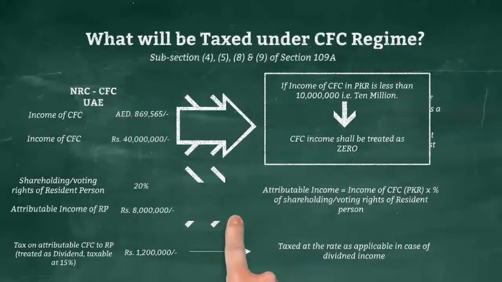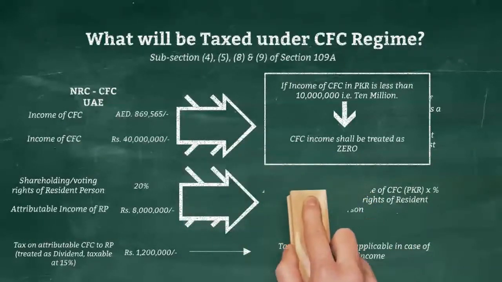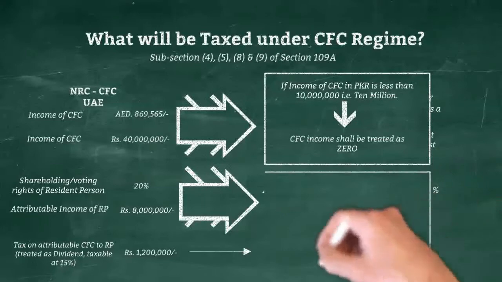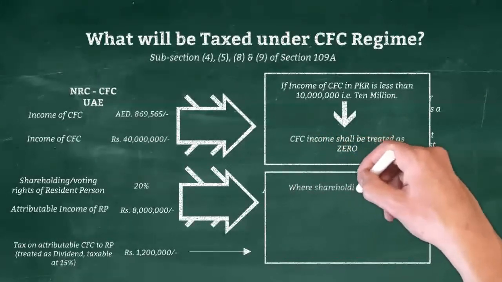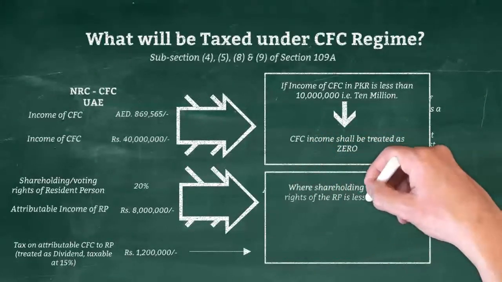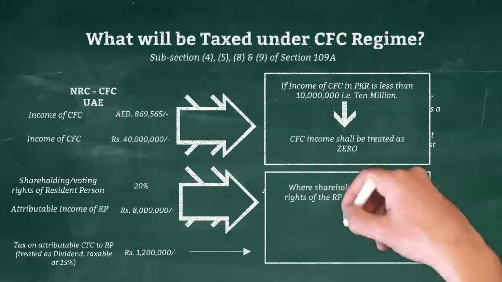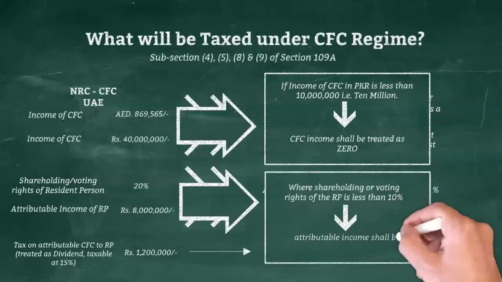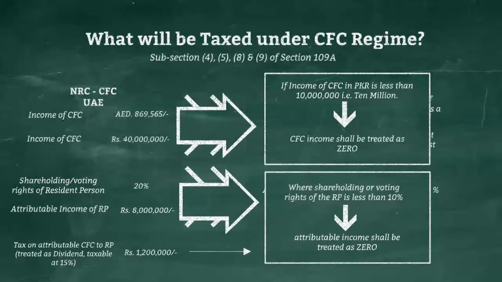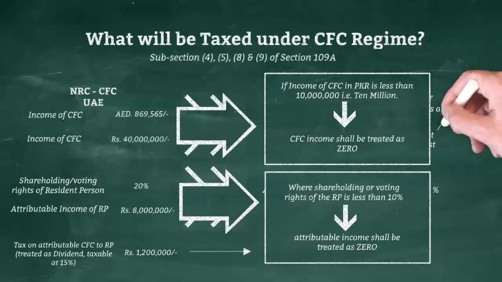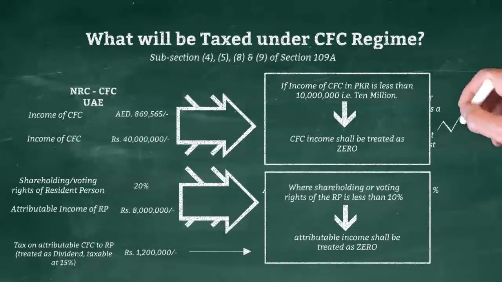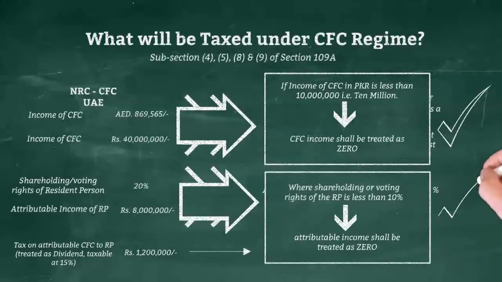A second exclusion on voting rights is also provided under the law. Where voting rights or shareholding of a resident person is less than 10% in a CFC, then attributable income shall be treated as zero in that case as well. These two provisions basically establish a materiality principle, where low-value shareholders are excluded from the hardship of the CFC regime.